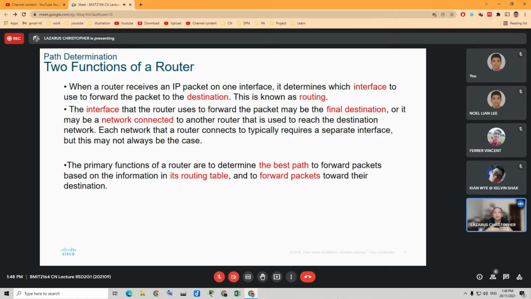The router will be able to get the network address. So we're not going to cover that anymore. We assume that you'll still remember how to do the ANDing.